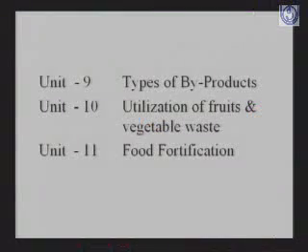These are the types of byproducts, utilization of fruit and vegetable waste, and food fortification. Under these three chapters, we have to discuss this waste, how it is generated, what the types of waste are, and how to utilize this waste to add value and make it a value-added product, so we can avoid pollution problems at farm level, processing level, or market level also.